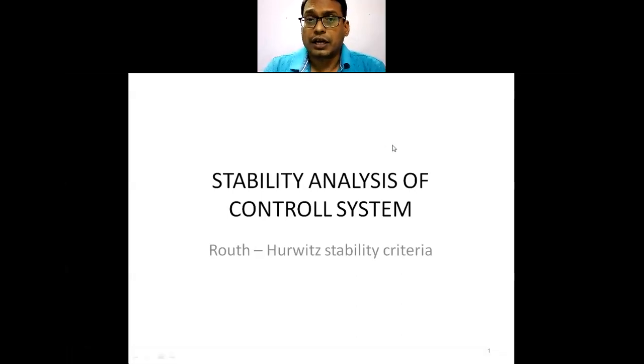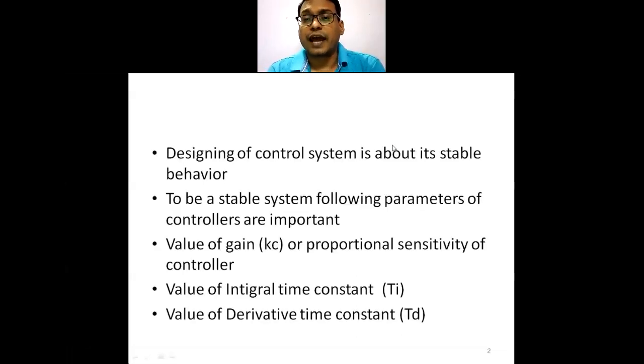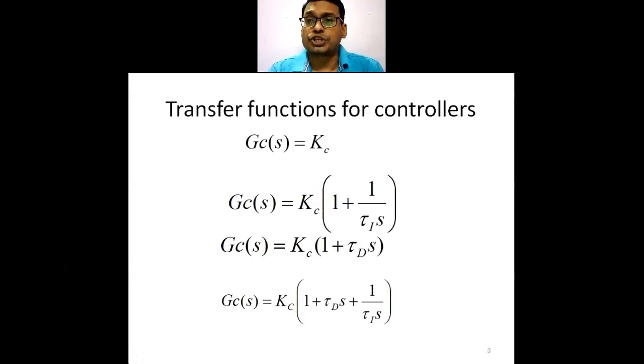the controller will have its own constants. That is, when you think of a proportional controller, then a steady state gain will be there, which is nothing but your Kc.